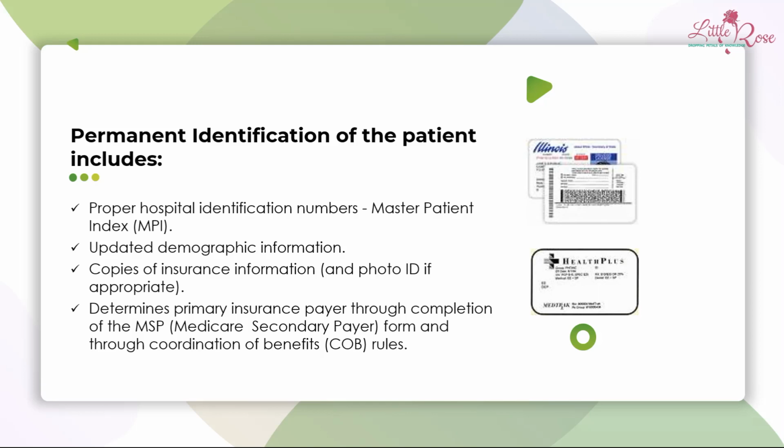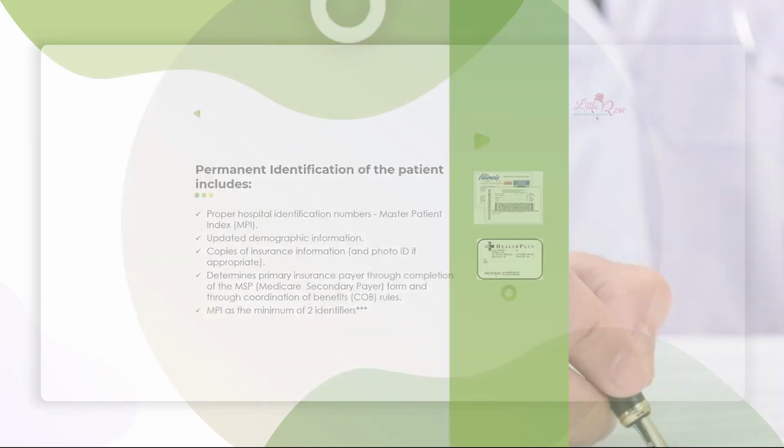It determines the primary insurance payer through completion of the MSP, Medicare Secondary Payer Form, and through coordination of benefits rules. Usually for the Master Patient Index, a minimum of 2 identifiers is required.